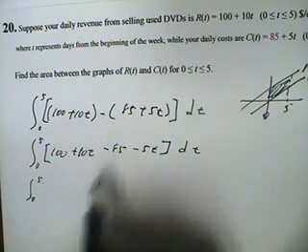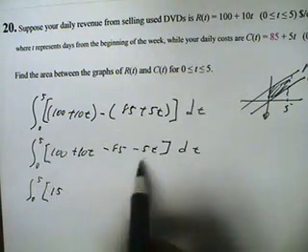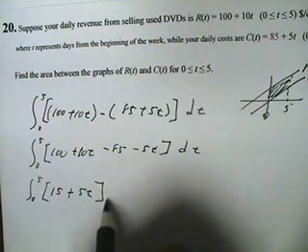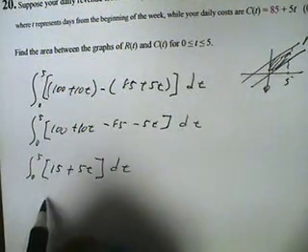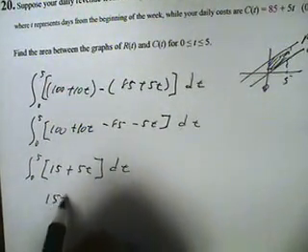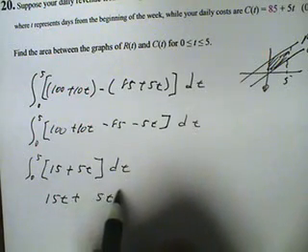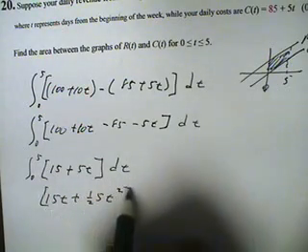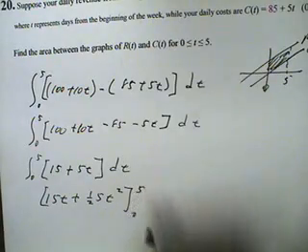The 100 and the negative 85 gives me 15, and the 10t and a negative 5t gives me a positive 5t. Now the antiderivative of 15 with respect to t is 15t, and the antiderivative of 5t with respect to t is t squared times 1/2. And that'll be 0 to 5.